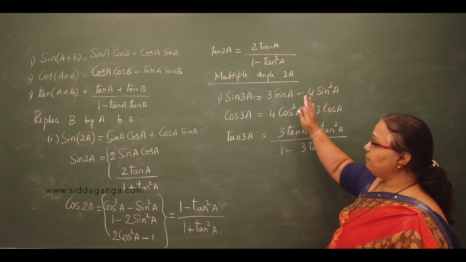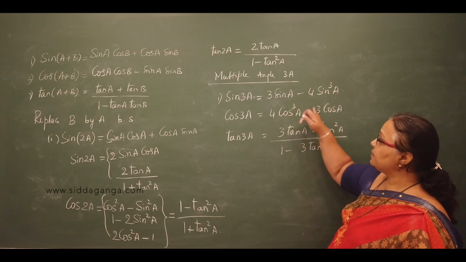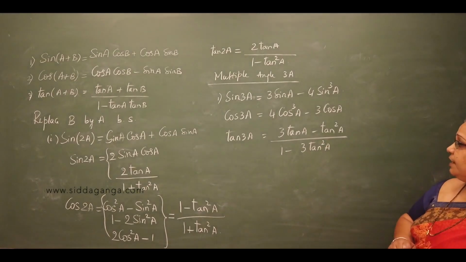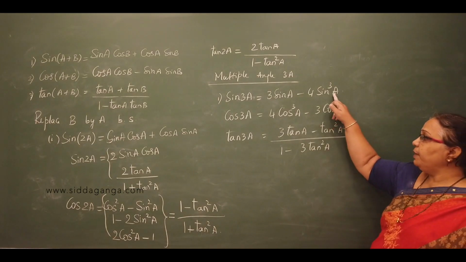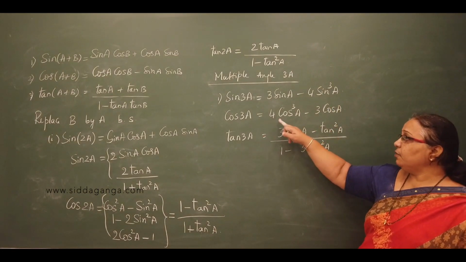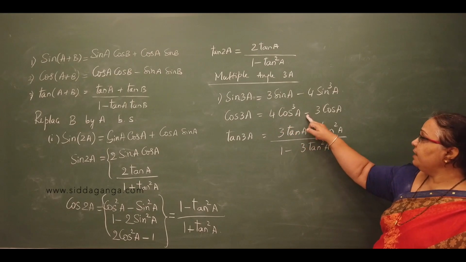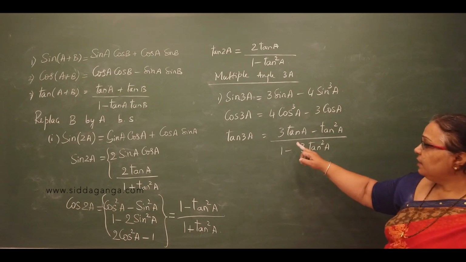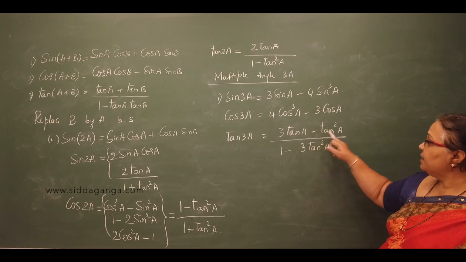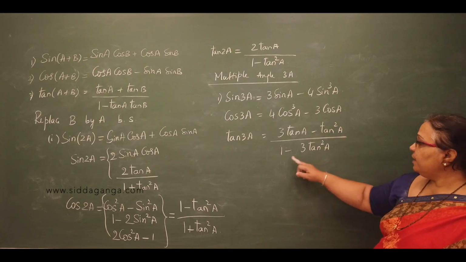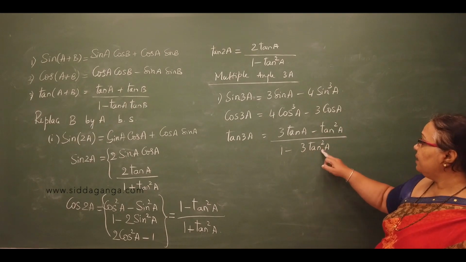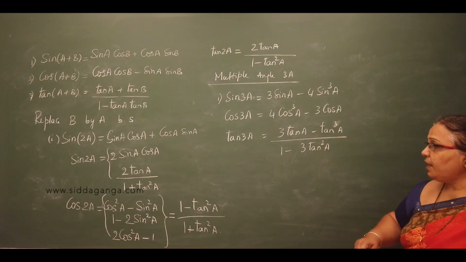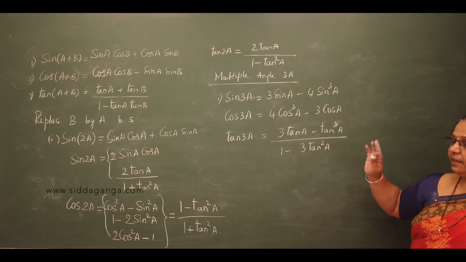That is, sin 3A is equal to 3 sin A minus 4 sin cube A. Cos 3A is equal to 4 cos cube A minus 3 cos A. Tan 3A is equal to 3 times tan A minus tan cube A divided by 1 minus 3 tan square A.